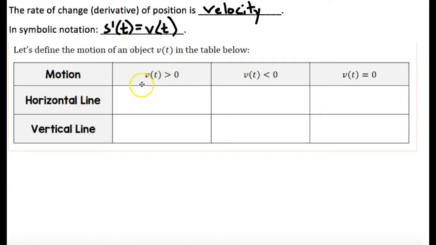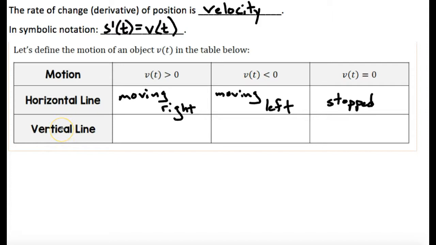Okay, so if velocity is positive, and we're talking about something moving back and forth horizontally, like a particle moving back and forth across the x-axis, that means our object is moving to the right. If velocity is negative, that means we are moving to the left. And if velocity is equal to 0, that means we are not moving at all. That means that we are stopped.